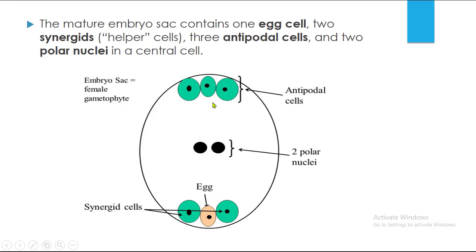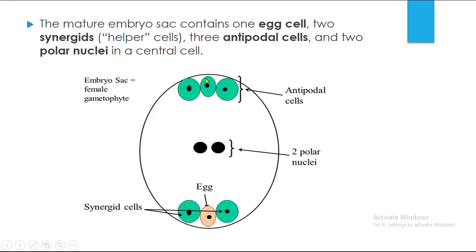Out of those 8 cells, only one of them is the egg. The mature embryo sac contains one egg, 2 synergid cells, present on either side of the egg, and then 3 antipodal cells.